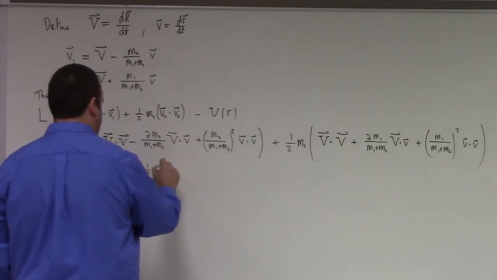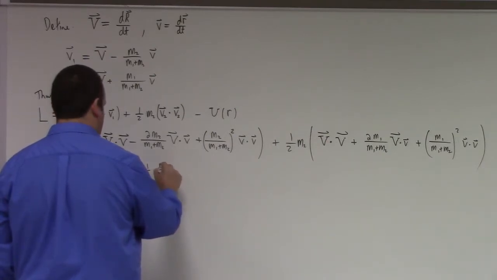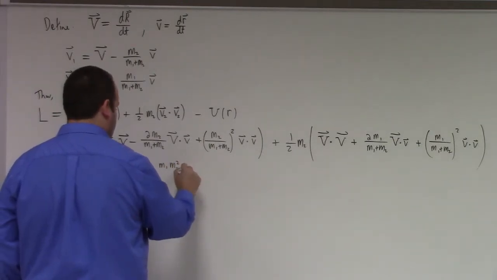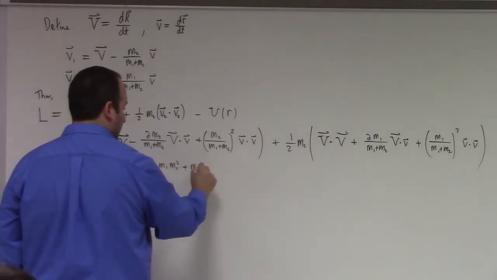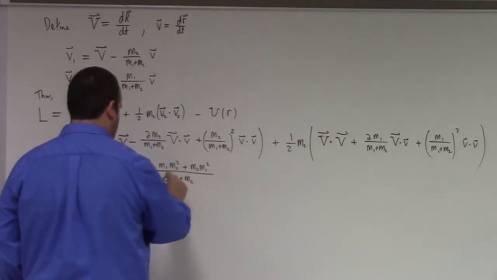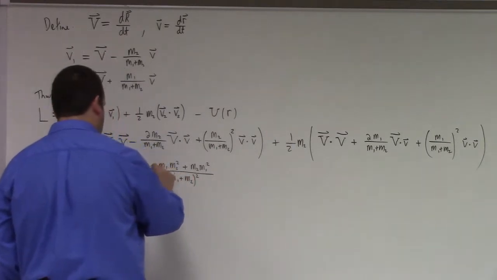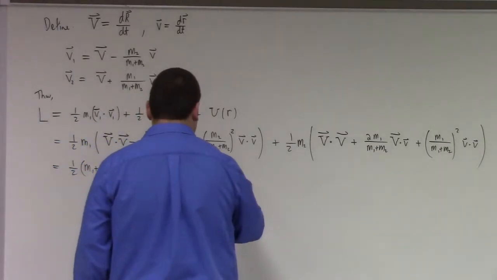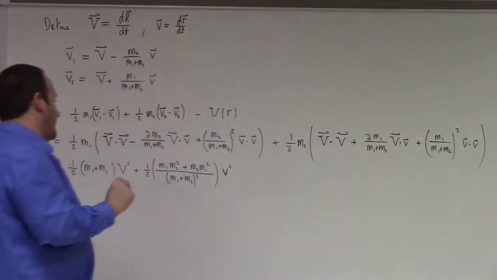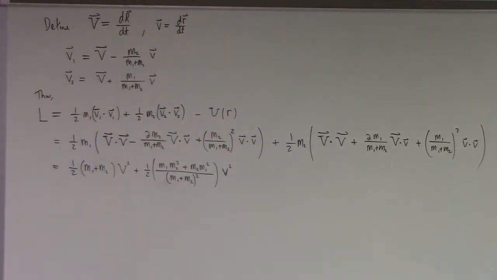Looks like I've got m1 m2 squared plus m2 m1 squared, all divided by m1 plus m2 quantity squared, right? Times little v squared. That's the other terms, right? And you say the mixed terms cancel? Well, that would be beautiful. Does that happen?